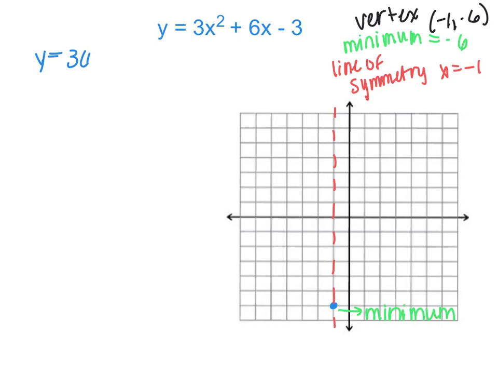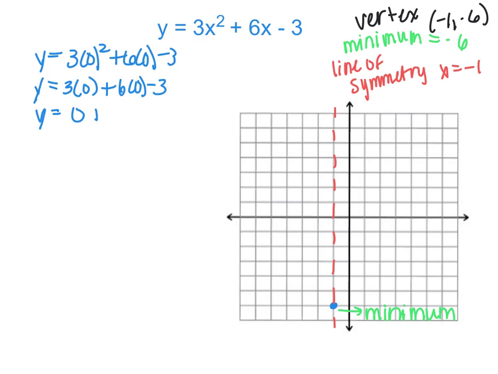So 3 times 0 squared plus 6 times 0 minus 3. And we just simplify this. Remember, we do exponents first, so 0 squared is still 0. 3 times 0 is 0. 6 times 0 is 0. 0 plus 0 is 0, but then minus 3 would give us a y of negative 3.